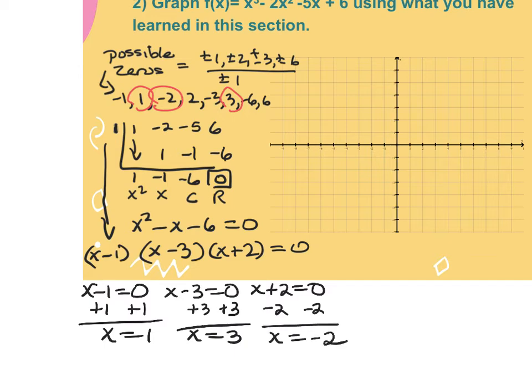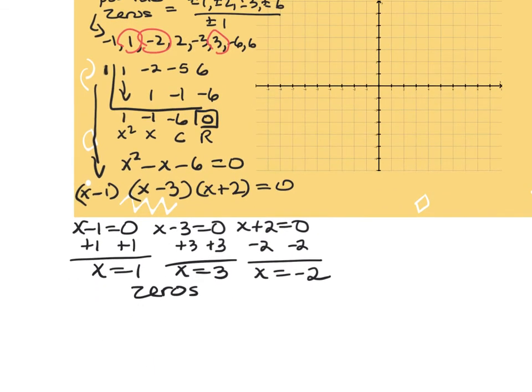These are my zeros. Notice I only see each one time, so all of them have a multiplicity that's odd. Why did you choose 1 for the division problem? I could have also chosen negative 2 and I could have chosen 3.